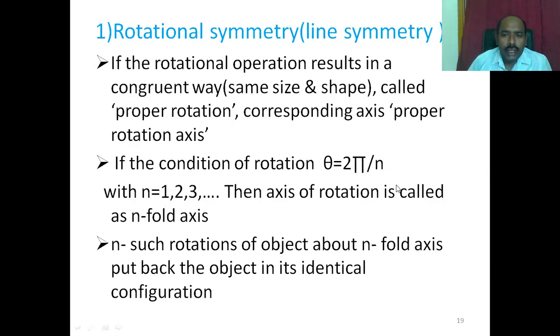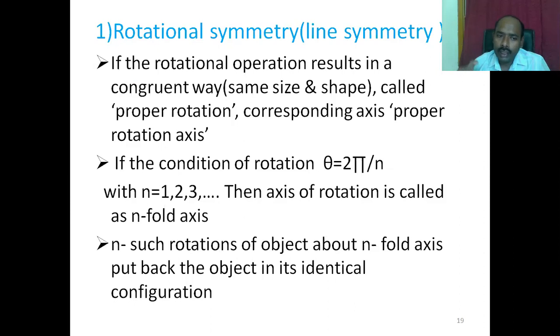If we take n equal to 2, we get theta equal to 180. That means if we rotate our crystal by 180, it appears in a similar way as before the rotation. To cover the complete 360-degree rotation, we have to rotate twice.